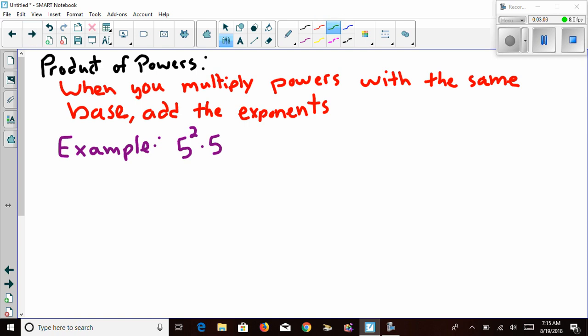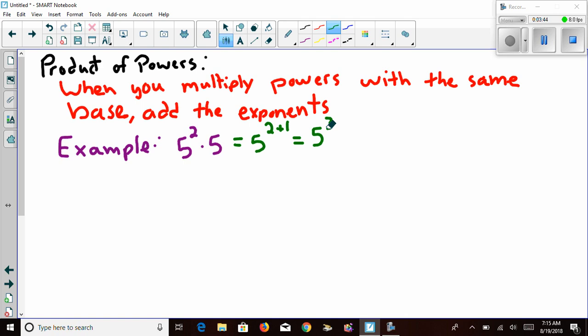First thing to remember is that when we have a number by itself, if there is no exponent written there, then that exponent is really a 1. Therefore, we're going to take 5, and its new exponent will be made up of 2 plus 1, giving me the answer of 5 cubed, or to the 3rd power.